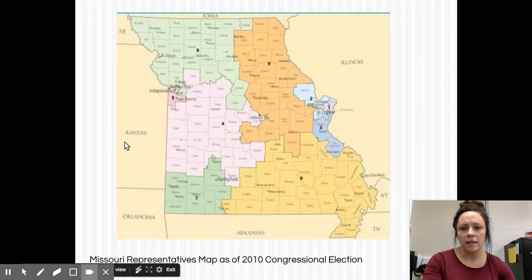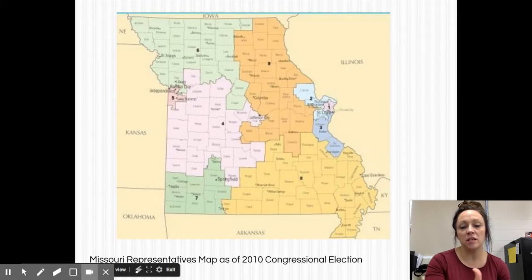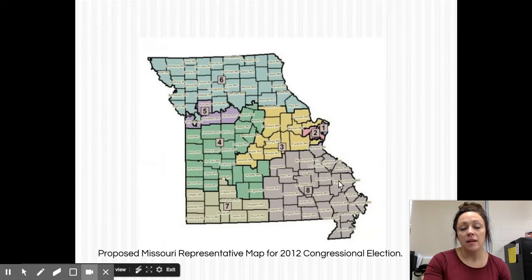This is the Missouri district map prior to the 2010 census. So this is what it looked like going into 2010. Notice down here, this is the 8th district. Here's St. Francis County. The big change between the 2010 map and the 2012 map is that this district that used to include Jefferson County and St. Genevieve County over here is now absorbed.